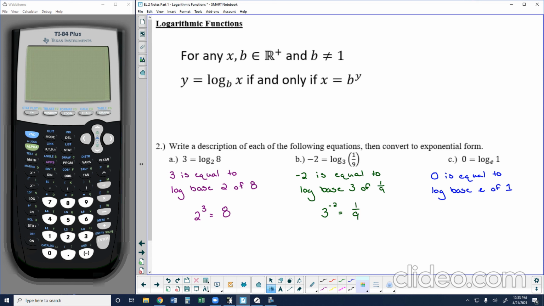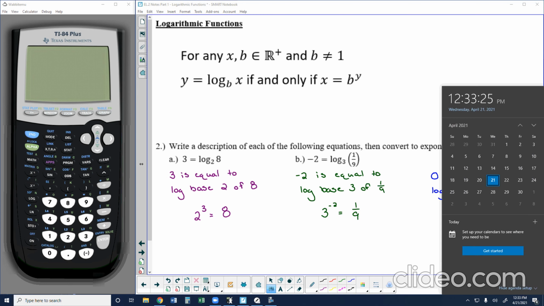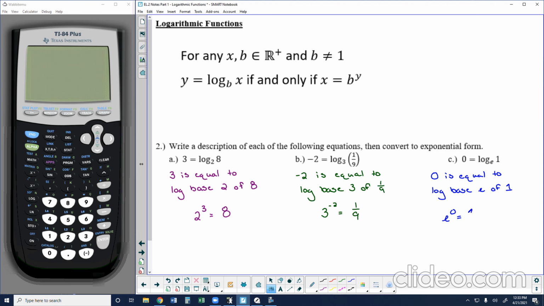Hopefully that's the same thing that you had written down. Now if you want to put this into exponential form, again, our base is e, or Euler's number. Our original output for the logarithm becomes the input, or the exponent, for the exponential form, and the input of the logarithm becomes the output of the exponential form. And we know this to be true. e to the 0 power is certainly 1.